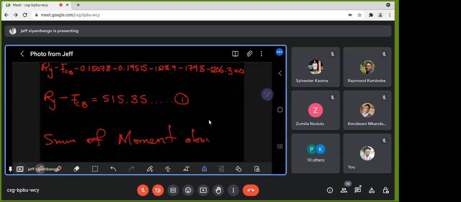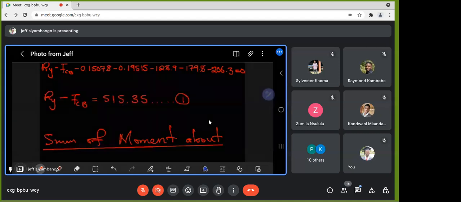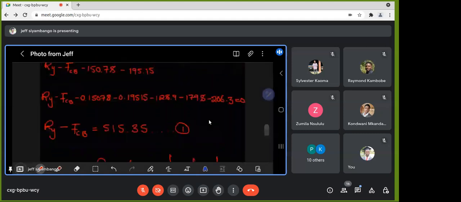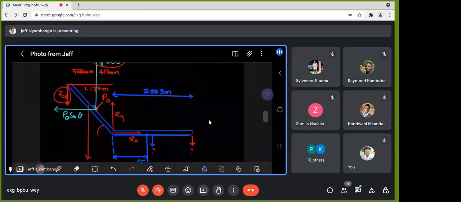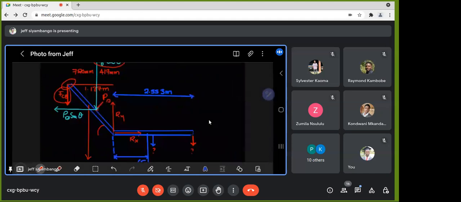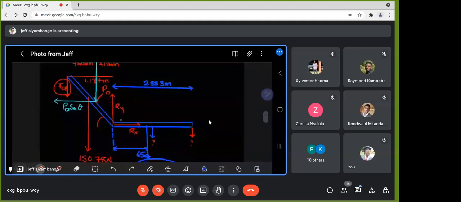The best point to use here, just pick a point where you feel you know the least. If at all you are clueless about a point, then pick that point and let that be the point where the moments are being evaluated. But in this case, the best point to work with can be seen to be this point here. So let's evaluate the moments about that point.